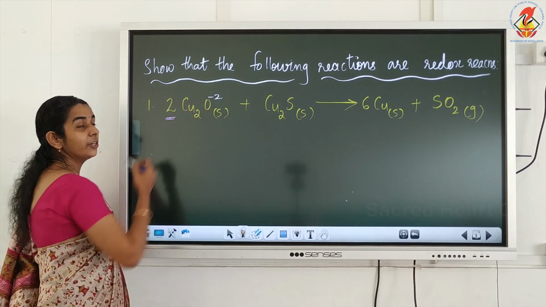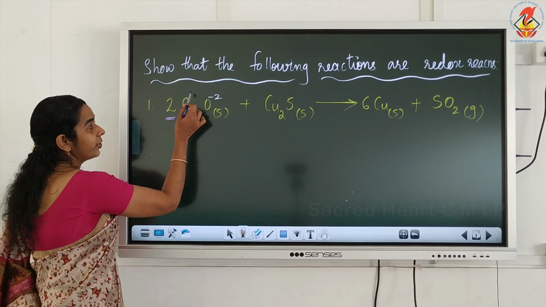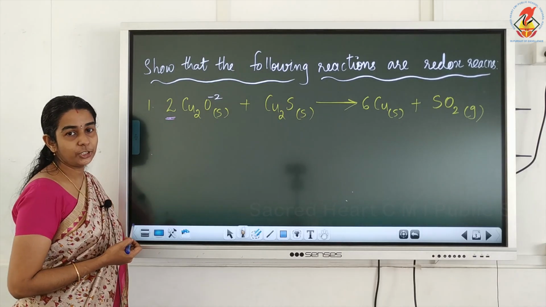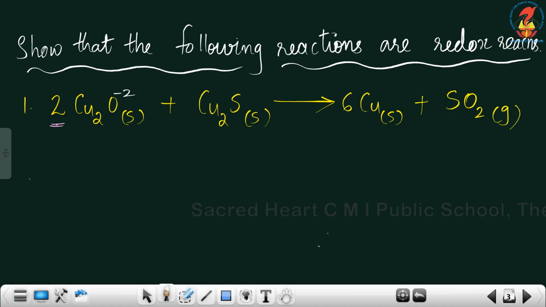So oxygen, we know it is -2, so here copper should be +2 in total. Here we have 2 copper atoms, so 1 copper should be +1. So +1 into 2, +2, plus -2. Here we have only 1 oxygen, so -2 into 1. So it will be 0.